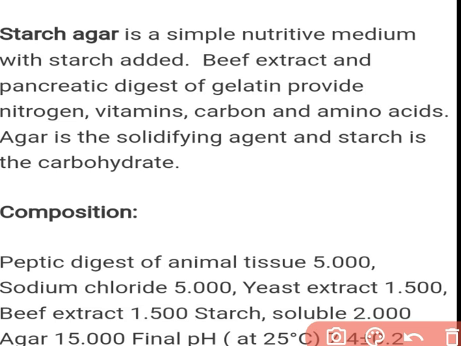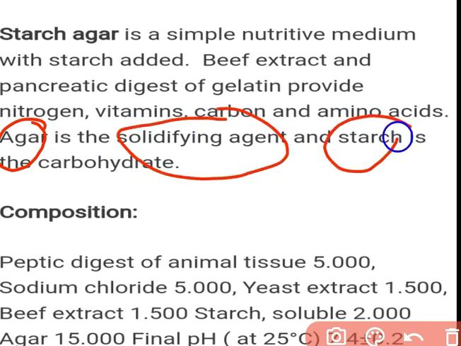The nutrient agar has beef extract and pancreatic digest of peptone, which provide nitrogen, vitamins, carbon and amino acids. It also has agar agar powder, which is a solidifying agent, and the starch is a substrate for the activity of the enzyme amylase produced by an organism, and starch is a carbohydrate.